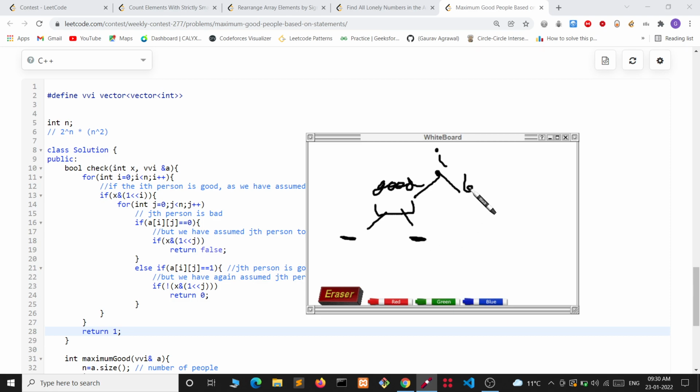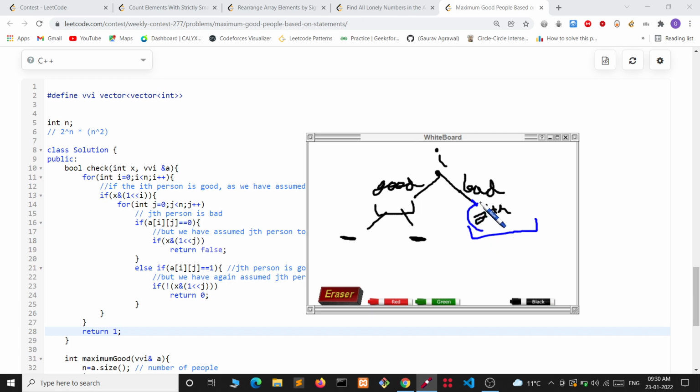But if it is a bad person, and he says that the jth person is good or bad, then we don't care about it. We will always assume that the jth person is good, and we make no judgments about it. Because by making no judgments we are going greedily, meaning we are not reducing the number of good persons.